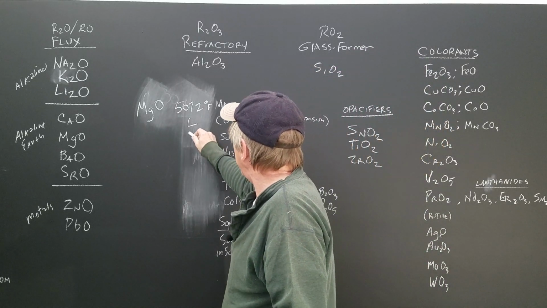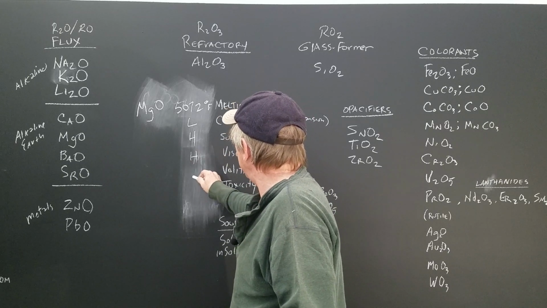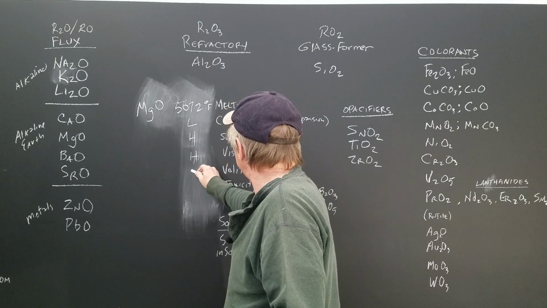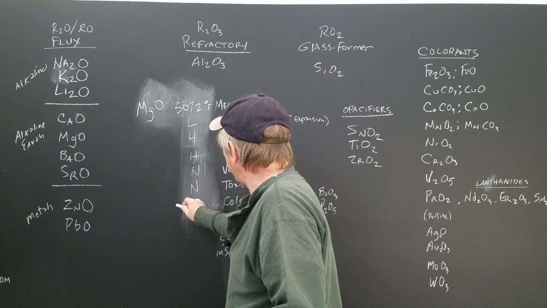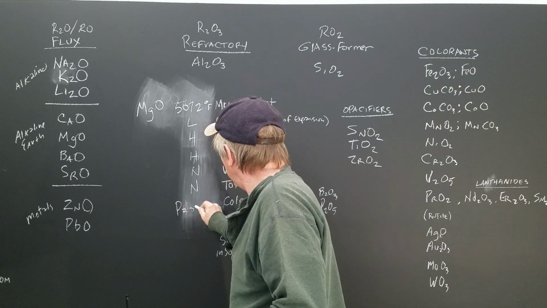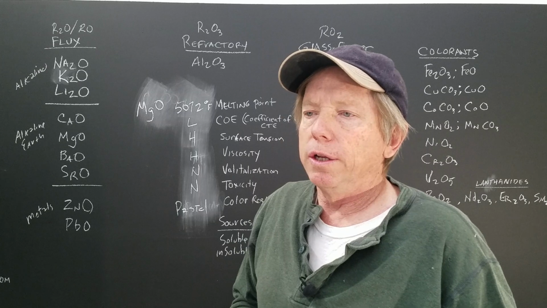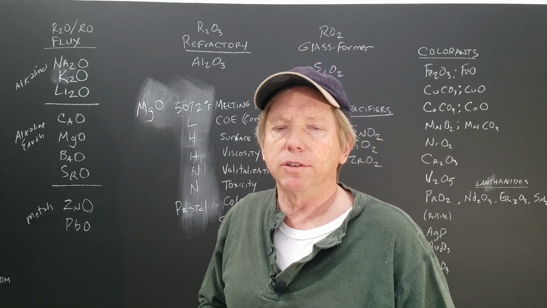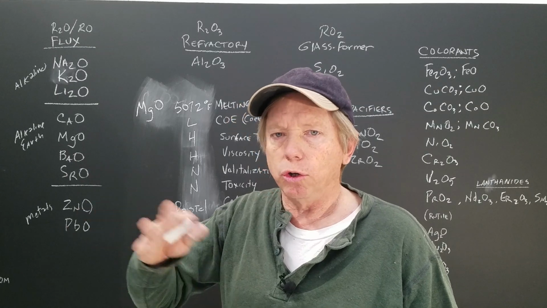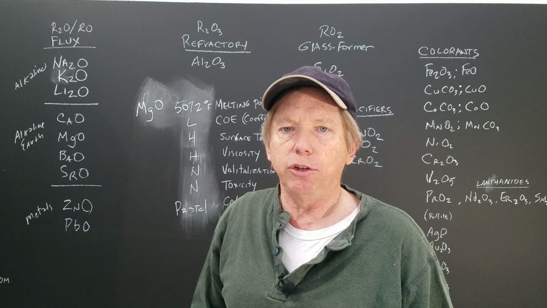It's got a high surface tension, so it can cause crawling, a high viscosity, does not volatilize. It's not really toxic. It has a pastel color response. That means the colors that you get with high dolomite or high magnesium glazes will be pastel tones. And it makes pastel mattes is what we say usually.